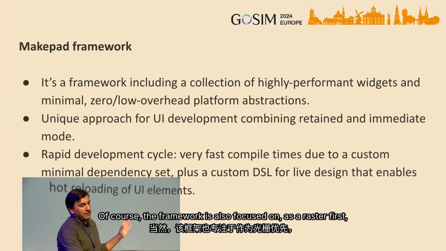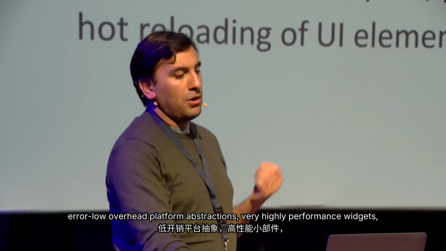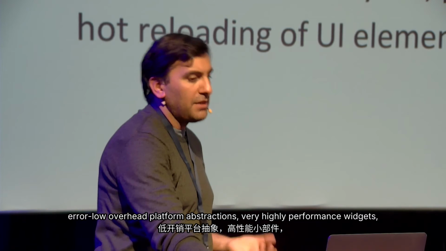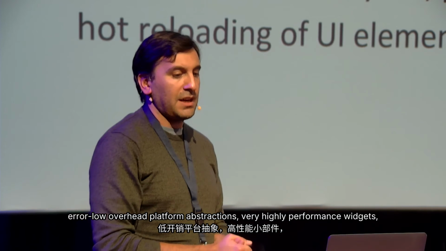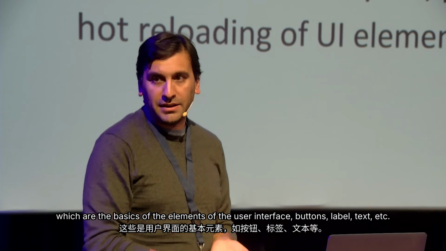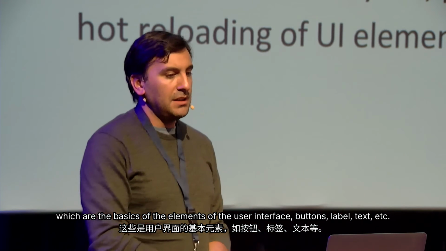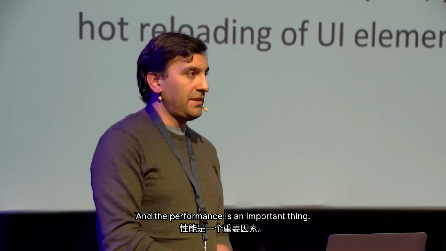Of course, the framework is also focused on, as Rust offers, zero or low overhead platform abstractions, very high performance widgets, like the basic elements of the user interface: buttons, labels, text, and so on. And performance is an important thing.